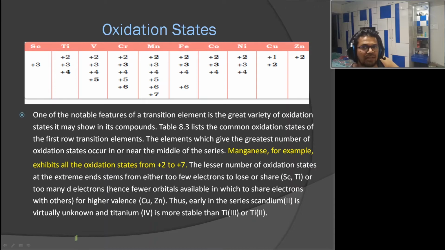You have to memorize this table because of the values. Scandium, common state. If a common oxidation state is asked, if you observe, all generally have the +3 state. Only copper doesn't have; copper is +1 and +2.